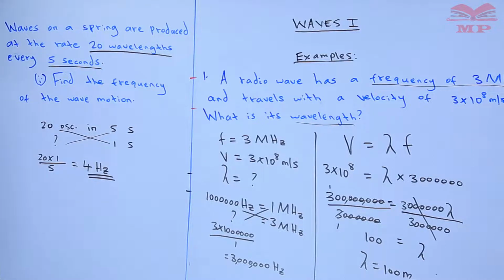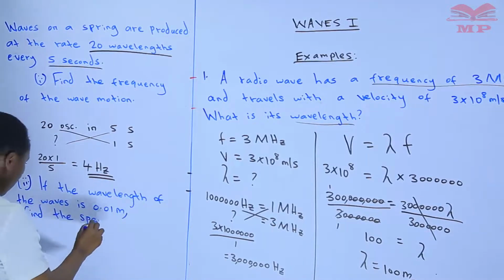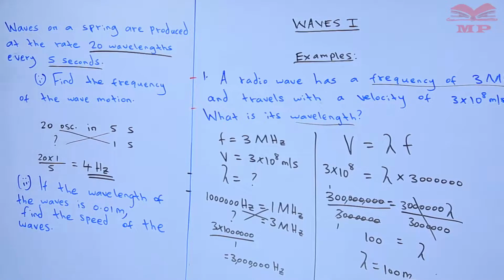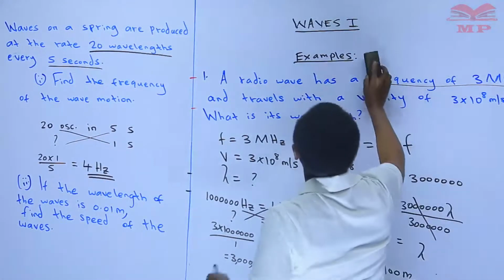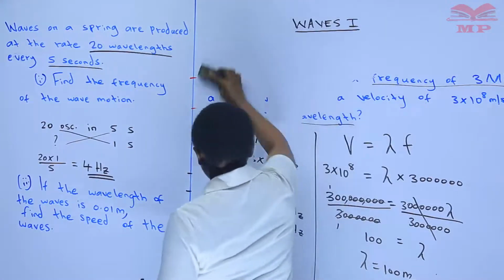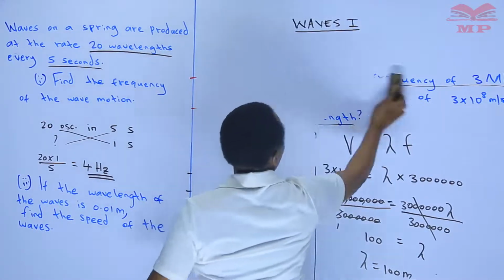So we move on to Roman 2. So that's part 2. We are told if the wavelength of the waves is 0.01 meters, find the speed of the waves. We have been given the wavelength and we have been told to find the speed of the waves.